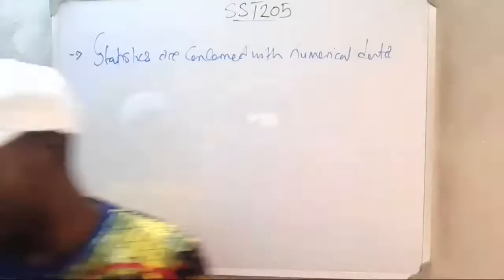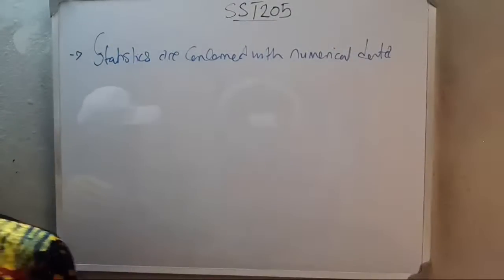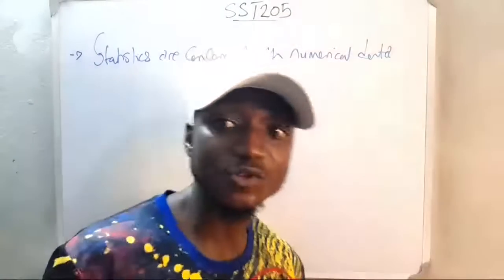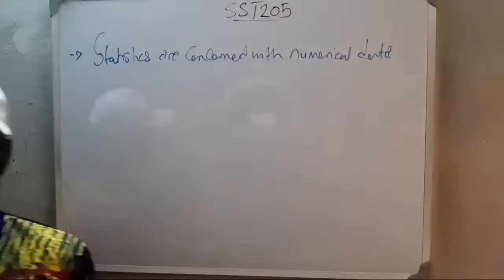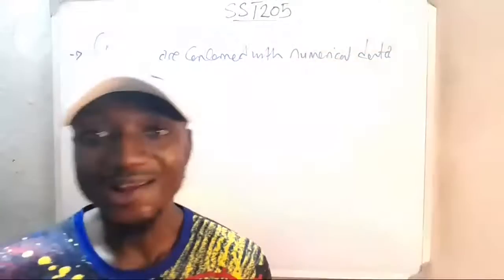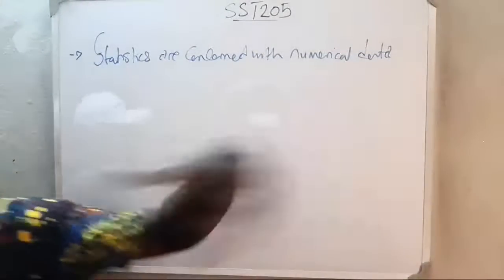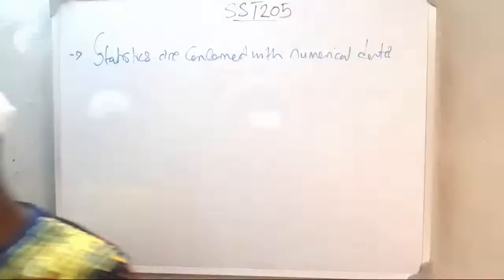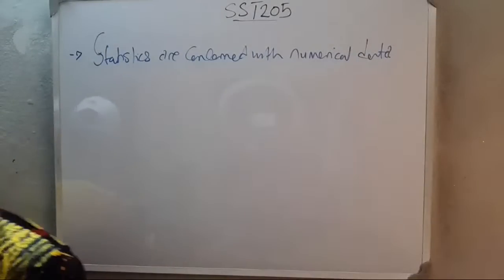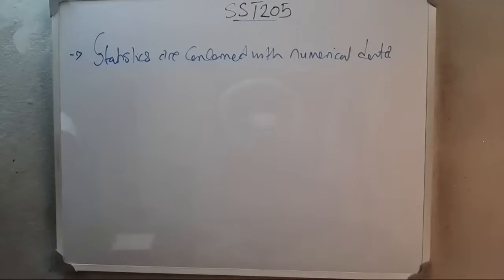So you take the name of each individual, you get his height, his weight, and how he or she eats in a day. All this you'll be using for statistical measurement, and you'll be dealing with numerics. So we have that.